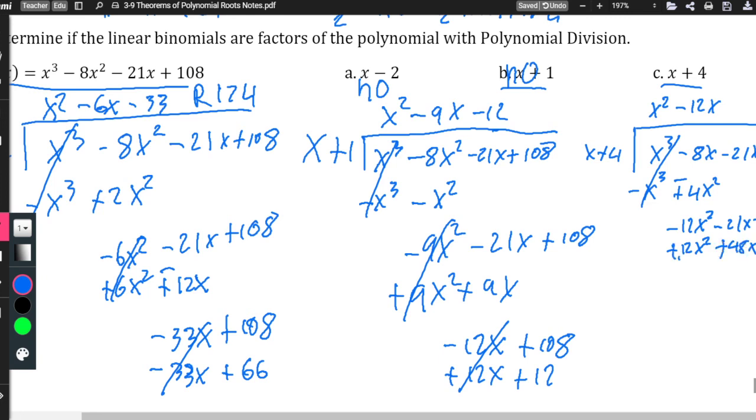When we flip our signs, we'll get 27x plus 108. So that means our last one is 27. So that's plus 27. 27 times 4 is, in fact, 108. So when we flip our signs, they cancel out perfectly. We get 0 left over. So yes, x plus 4 is indeed one of our roots.